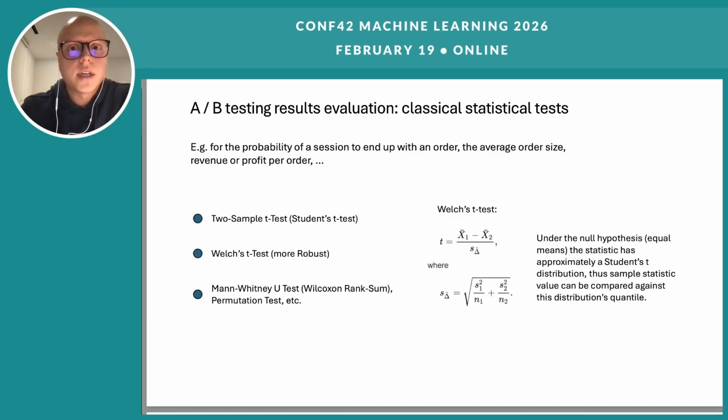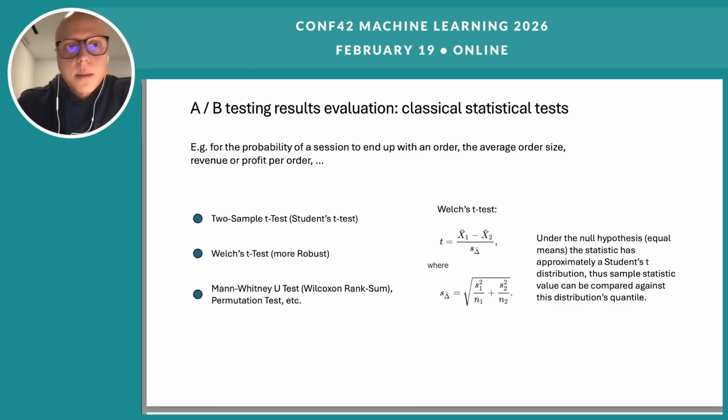You assume that under the null hypothesis there is no difference, then you build some statistic, then you say, okay, if my null hypothesis is true, then my statistic should have some given distribution, and if the sample value that is computed based on my actual experiment results is too large, then probably my null hypothesis is not true, meaning that I have some non-trivial impact from the change that I made.